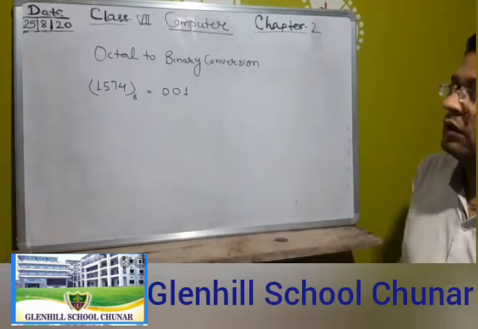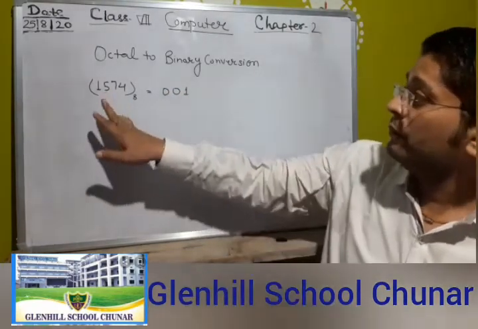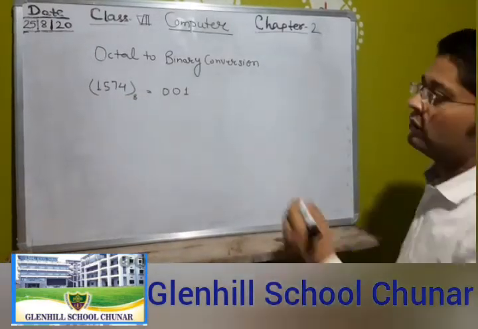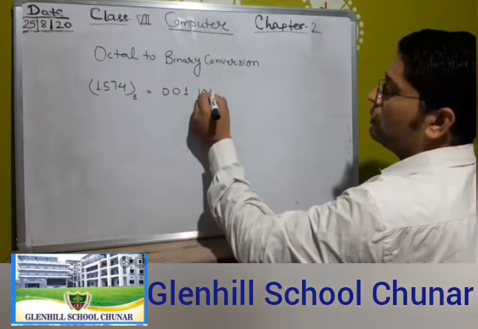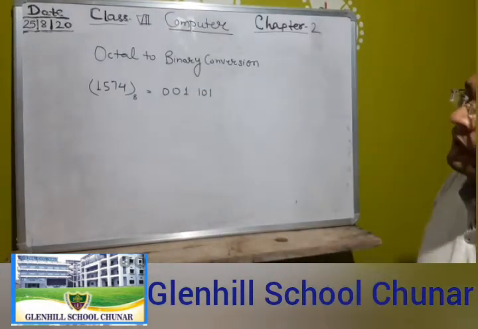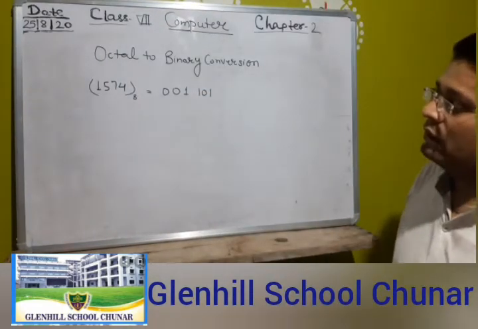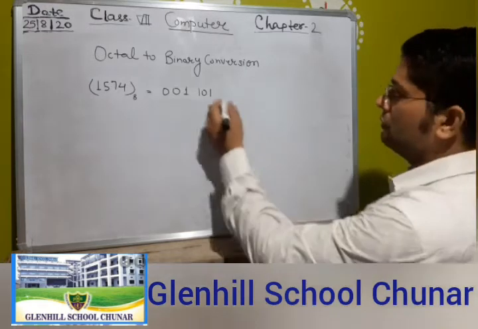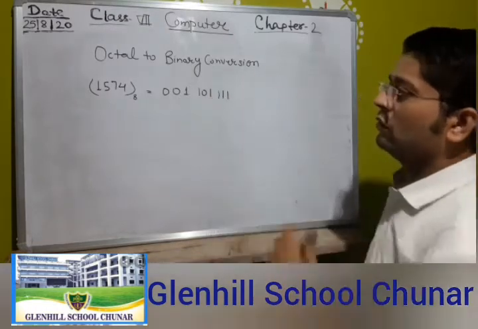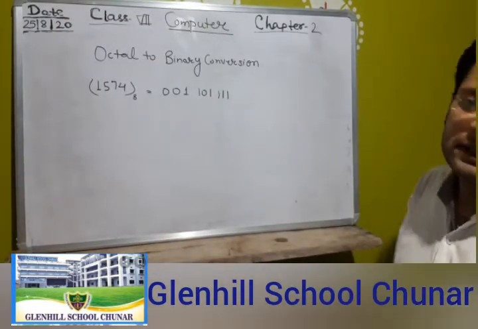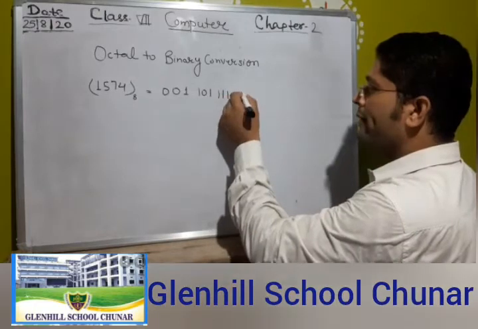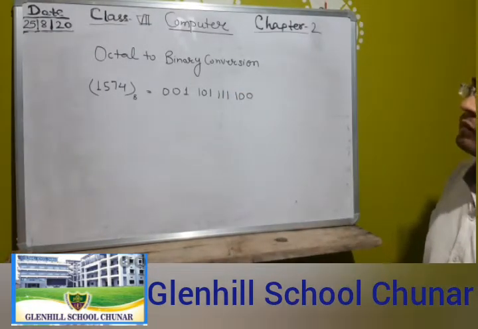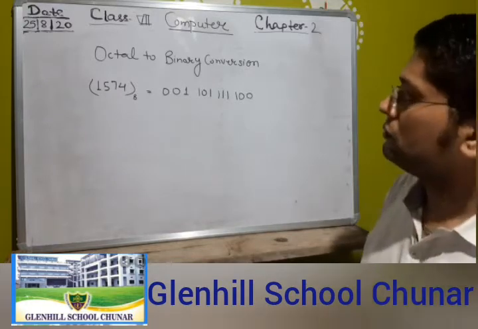0 0 1 is the binary number of 1, and 5 is 1 0 1. And 7 is 1 1 1, and 4 is 1 0 0. Clear, students?